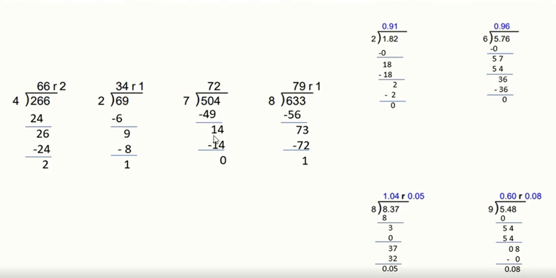So after we subtract, we pull down this next digit to here, and now we're ready to divide again. So how many multiples of 7 can we get out of 14? Well, we can get it twice, because 7 times 2 equals 14. So then we multiply this number times this number, and that will give us this number.